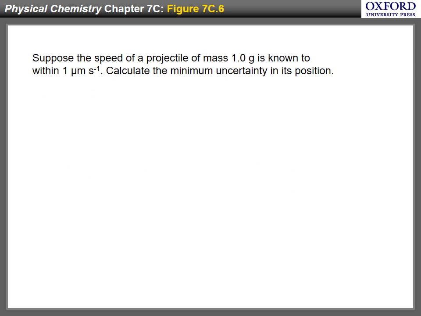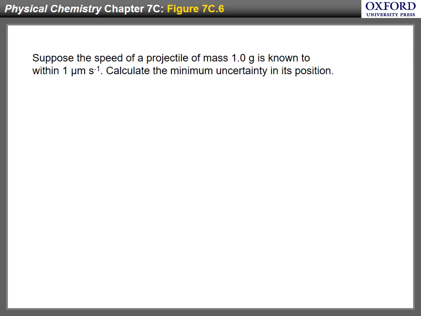So here is an example of using the uncertainty principle. Let's suppose we have a projectile that has a mass of 1 gram, and we have its speed known to 1 micron per second accuracy. And the point here is to calculate the uncertainty in its position.